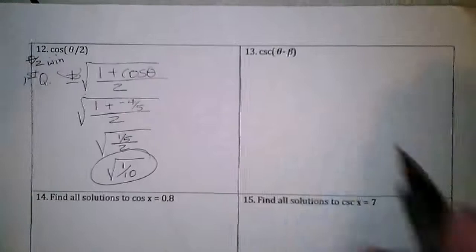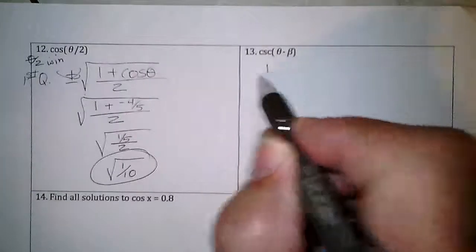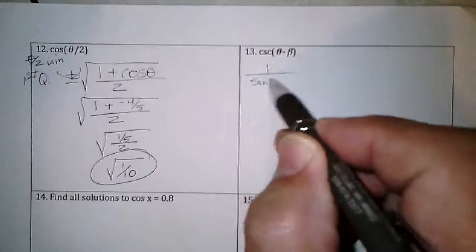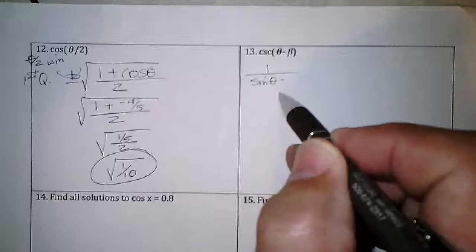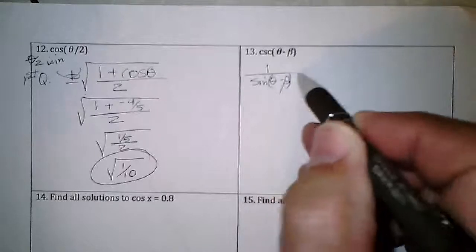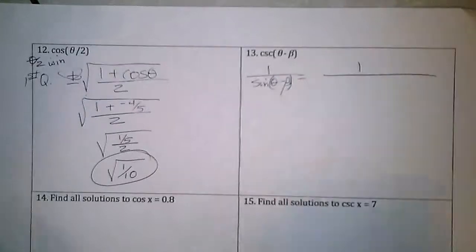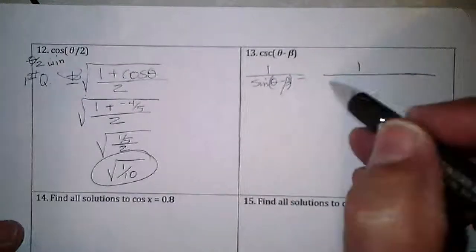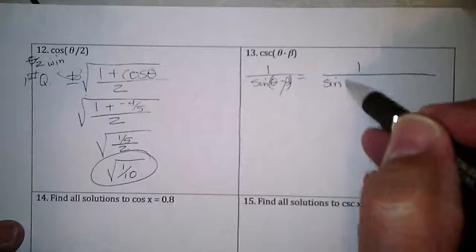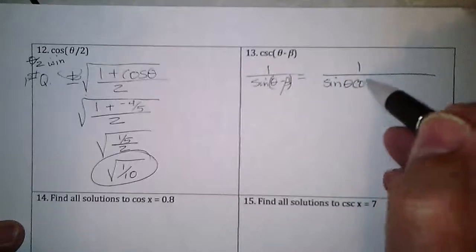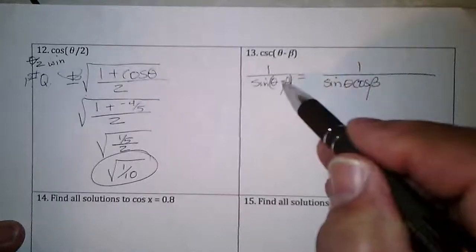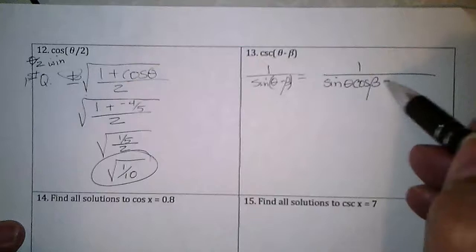Cosecant is the reciprocal of sine. So 1 over the sine of theta minus beta would be 1 over, and the sine formula for two angles subtracted is the sine of the first, cosine of the second, same operation.